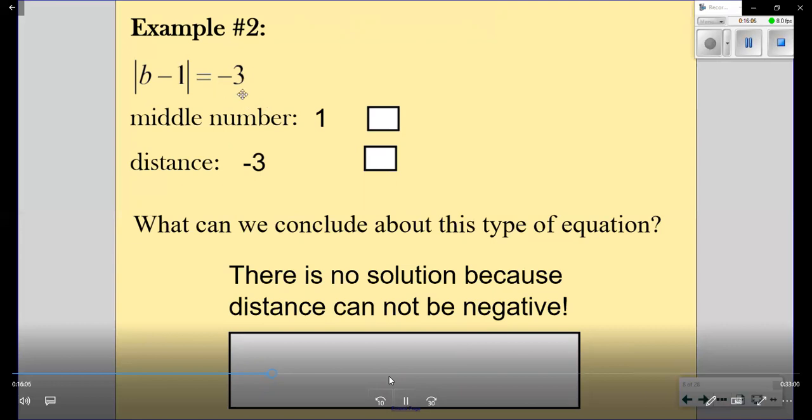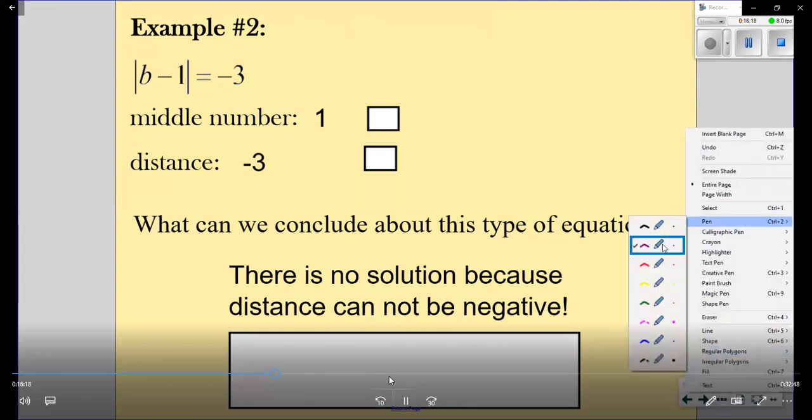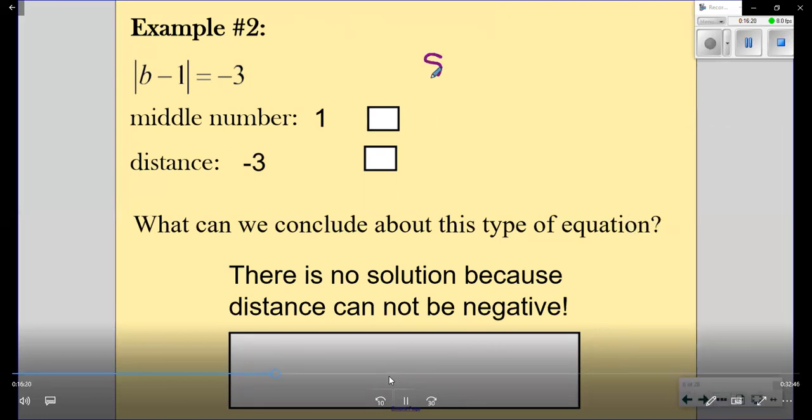In this case, whatever you have here will never equal what's out here. So there's no solution. And if you come across something like that, you can write no solution, or you can write it in the notation as S with a 0 and a slash through it. So you can write it like that, no solution.